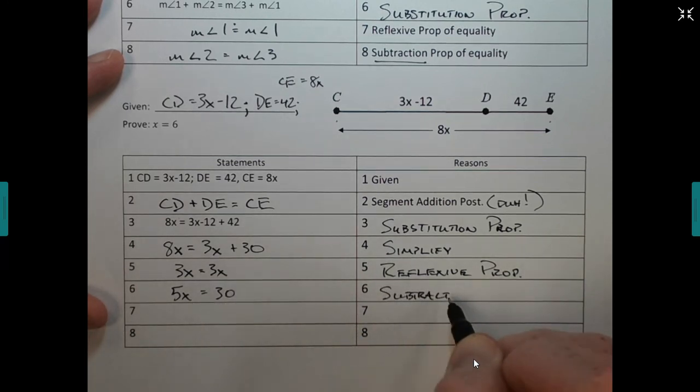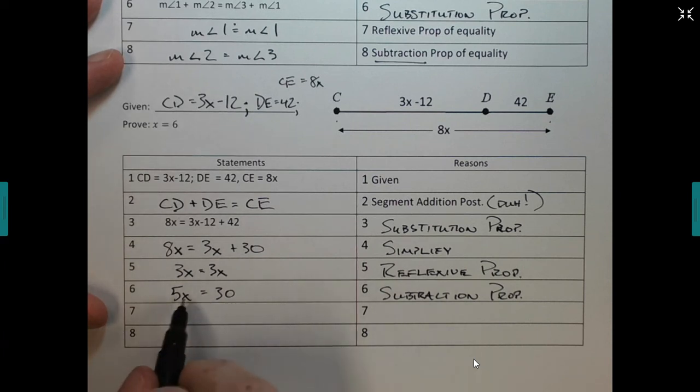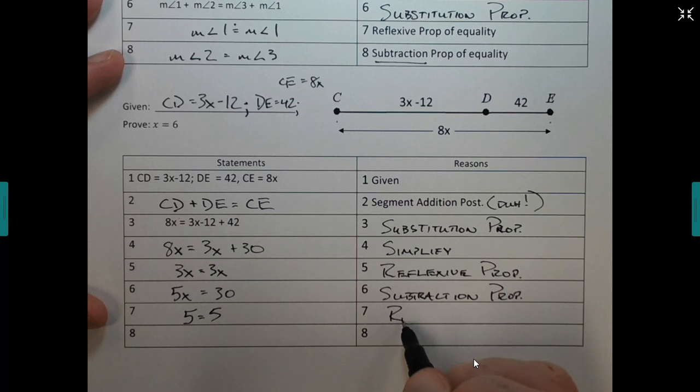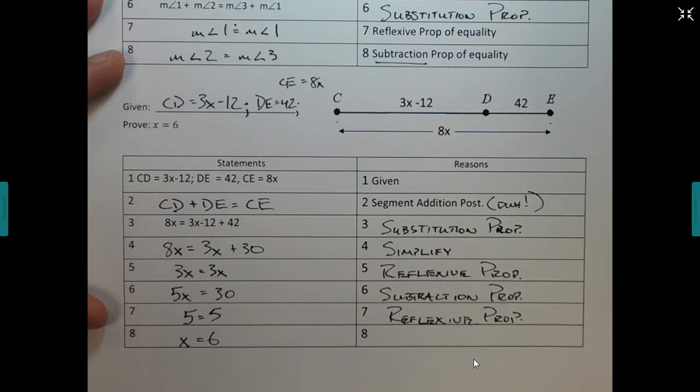If you didn't want to use a reflexive step, that's actually fine. And then from here, I'm going to get rid of the 5. So I'll do a reflexive step. And we're going to have to use division to get down to x is 6. I would want to make sure: is that what I was supposed to prove?